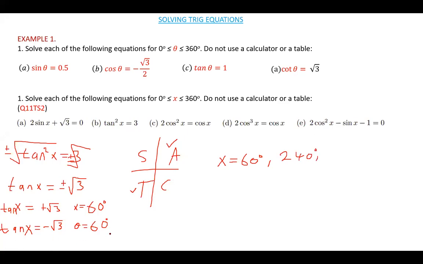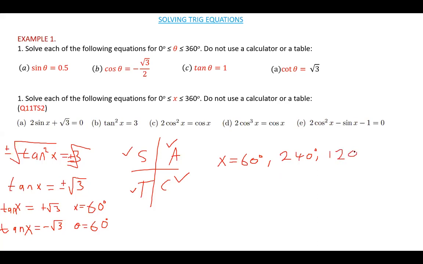Then you move on to this one. When theta is equal to 60, and then in the mind you know to say the tan of x was a negative number, and tan is only negative in the second and in the fourth quadrant. So in the second quadrant, you're going to have your x to be 180 minus 60, which will give you, is it 120?